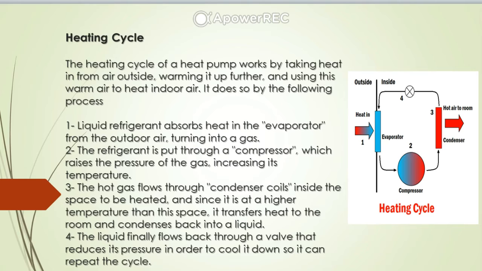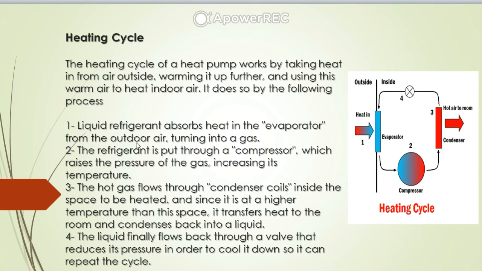It does so by the following process. As we can see, there are four processes that tell us how the heating cycle works.